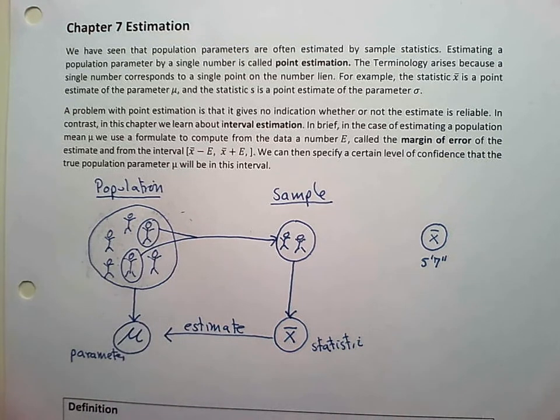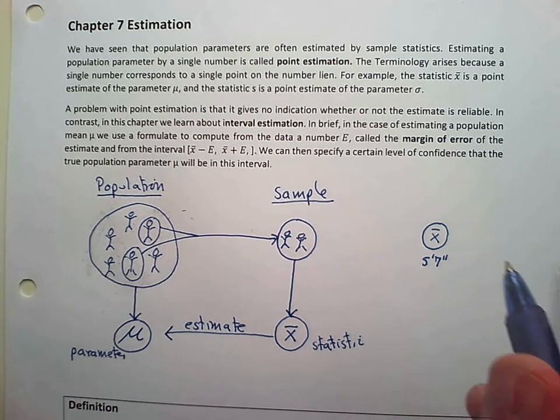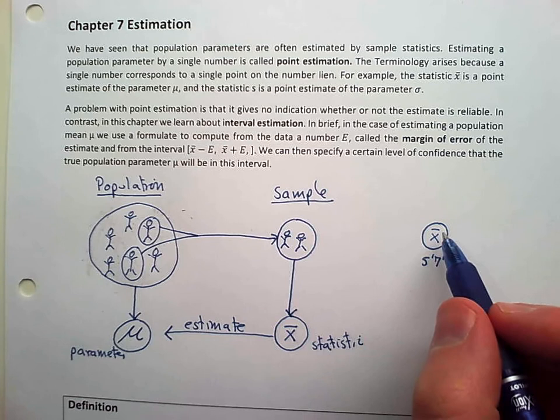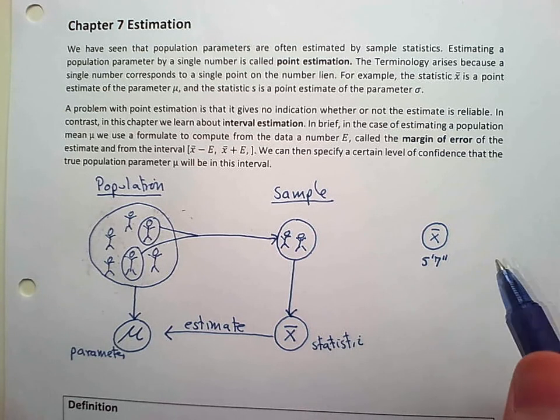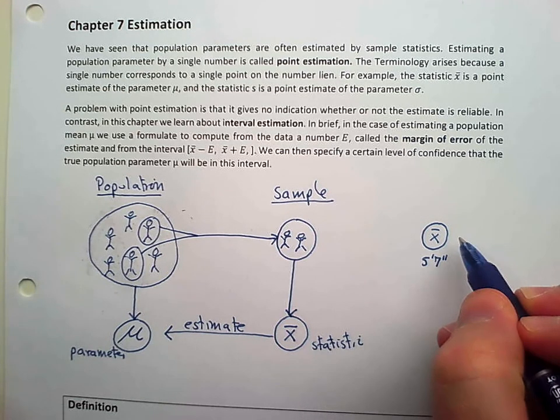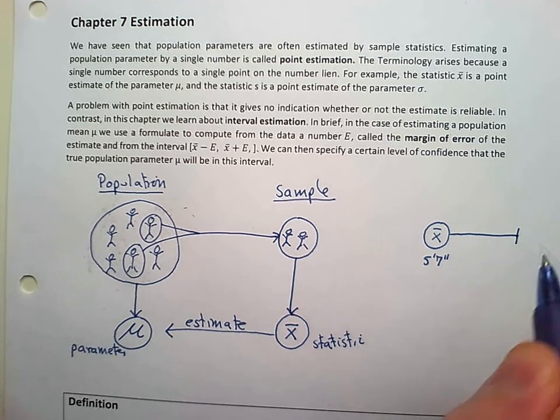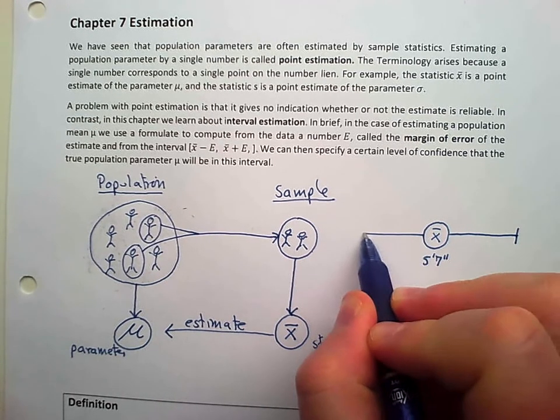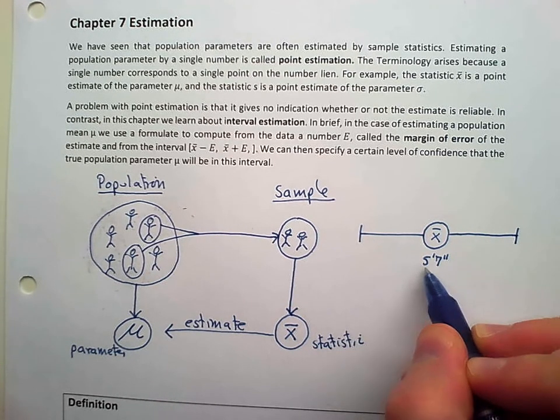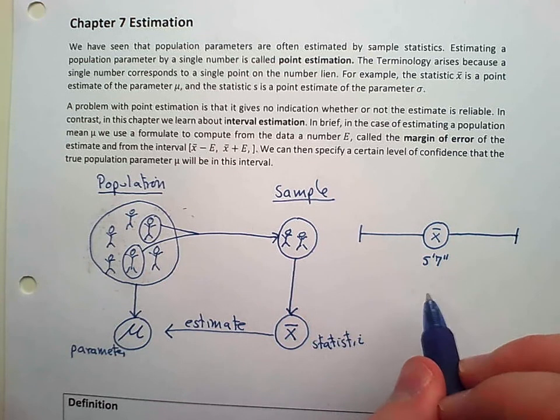So you can say, all right, I know that this number is probably going to be off by at least a little bit, so let me give myself some wiggle room, right? Let me say, I know 5'7" is probably close, but it's probably off by a little bit.